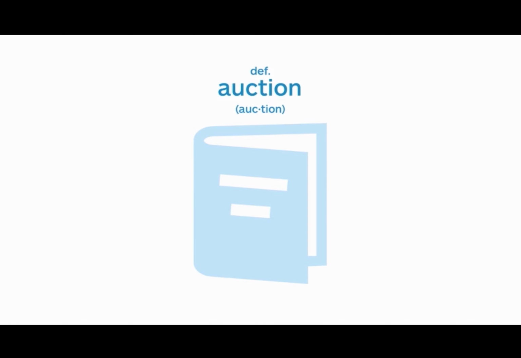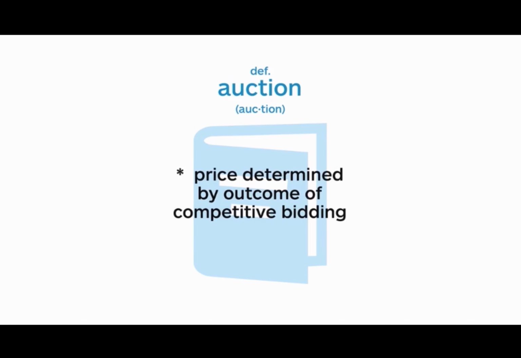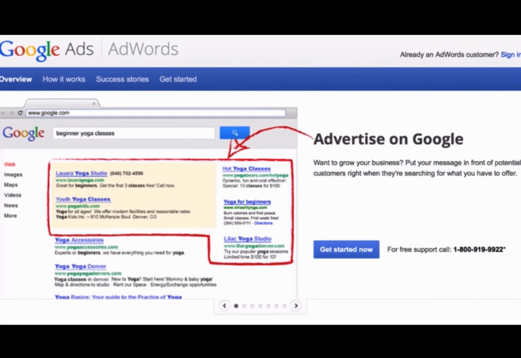Then we'll finish here with the auction mechanism. Here the price is determined by the outcome of a competitive bidding. Now this is what turned Google into a very successful company. Rather than just selling the advertising, different advertisers compete for the search terms. They participate in automated auctions, which drives the price up and which turns Google into a very, very wealthy company.